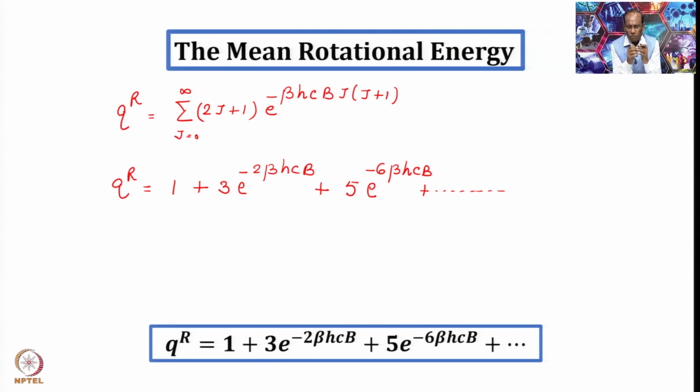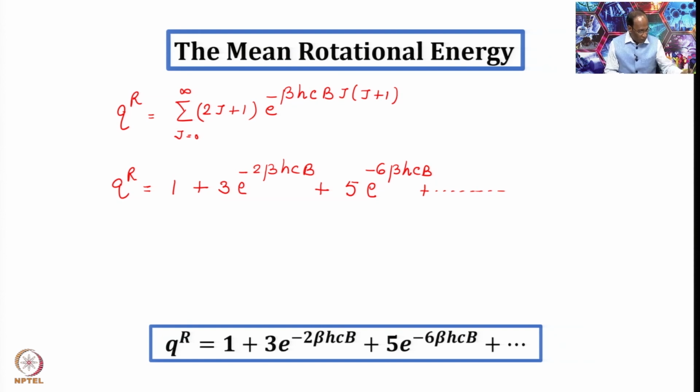Suppose the rotational temperature is not very high and the actual experimental temperature is less than or close to the rotational temperature, then you cannot use the integration form. You cannot use the approximation result.